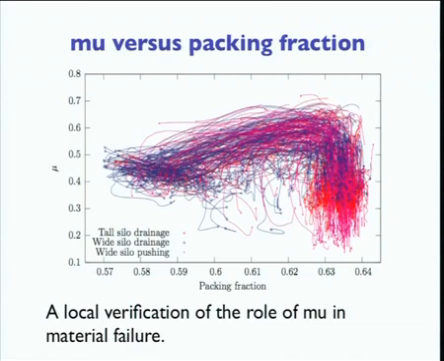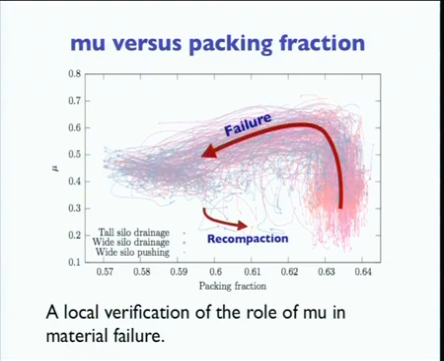Each one of these traces is a plot in the phase space of mu against packing fraction. We can see the role they would play in failure. Basically, a large number of these traces increase up to some critical value of mu around 0.55, and then start to move leftwards and dilate and fail.